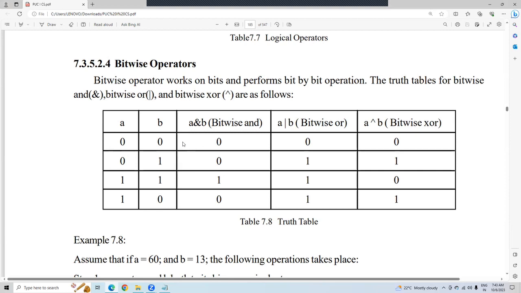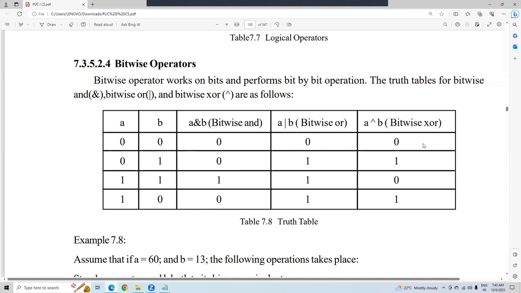A and B, 0 and 0 gives you 0 only. Whereas A bitwise OR B also gives you 0. A XOR B gives you 0. Here first operand is 0, second is 1. A bitwise OR B means 1.